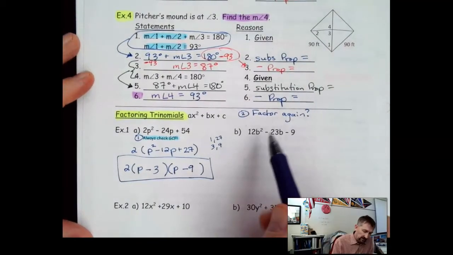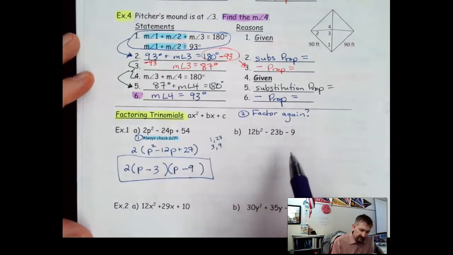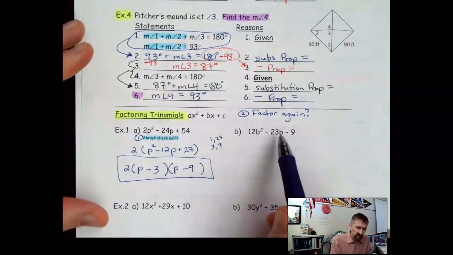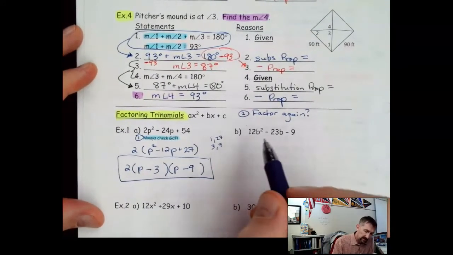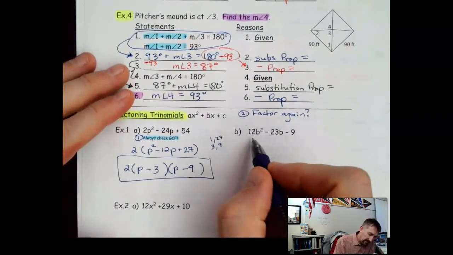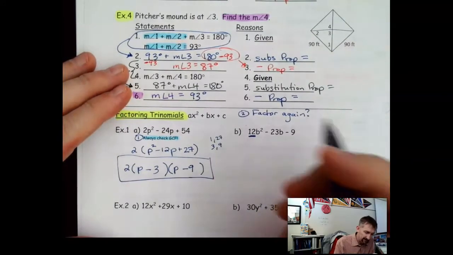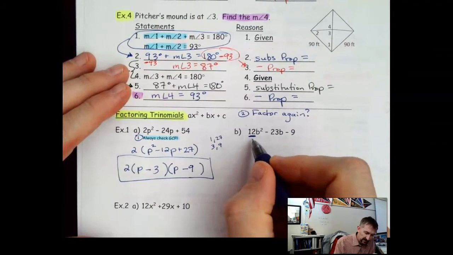All right, so we look at this next one and we say, is there a GCF, greatest common factor? No, there's not, because 23 is prime. So the next step, you may have learned different ways before, but this is how we're going to do it. It's pretty straightforward and it's faster than a way we used to use.